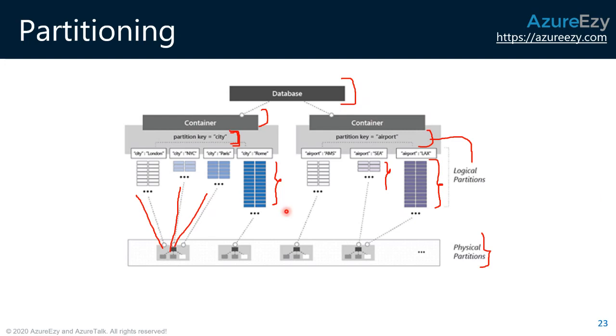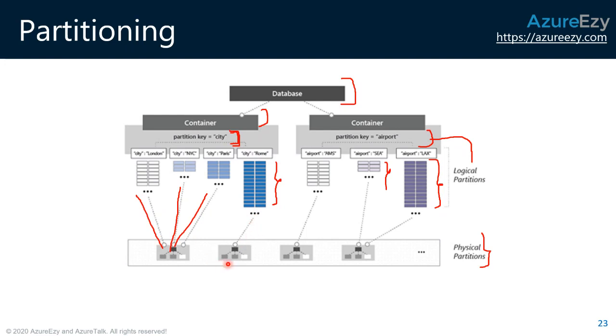Now, once again, as I said, one logical partition cannot be divided into two physical partitions, but more than one logical partition can end up in one physical machine. It may be possible, for example, these are connected to this physical machine and this data keeps on growing.